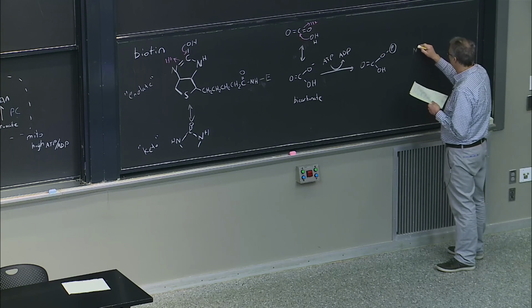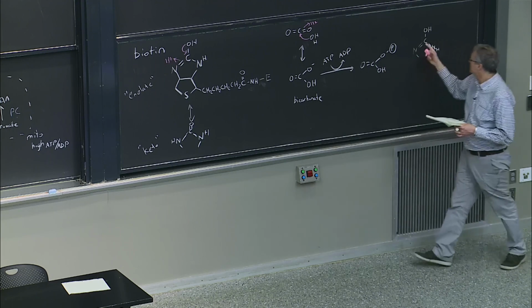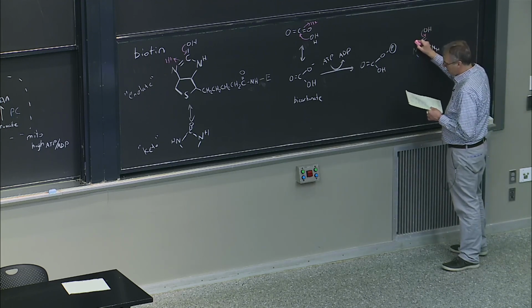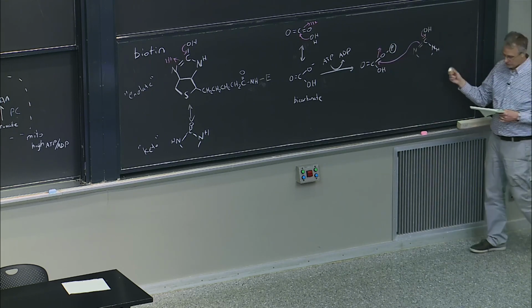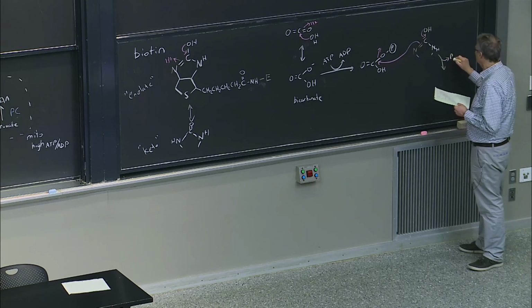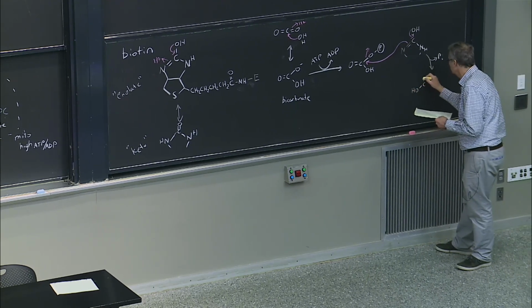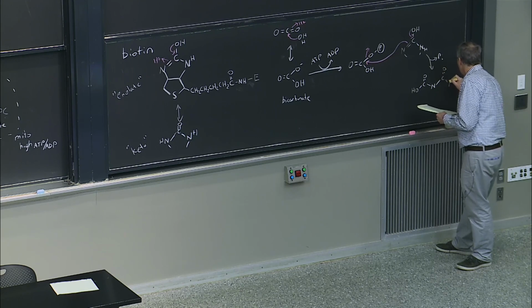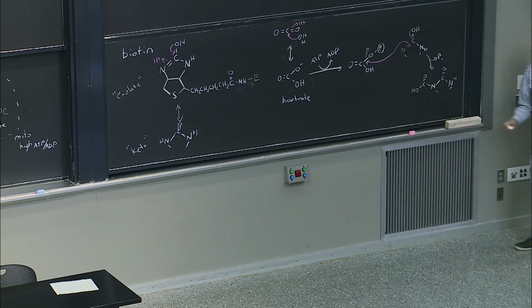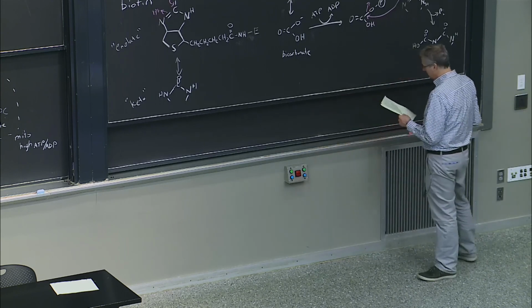This phospho intermediate can then react with this active site here of biotin to release the phosphate, and now you have this activated CO2 group that's attached to the biotin.